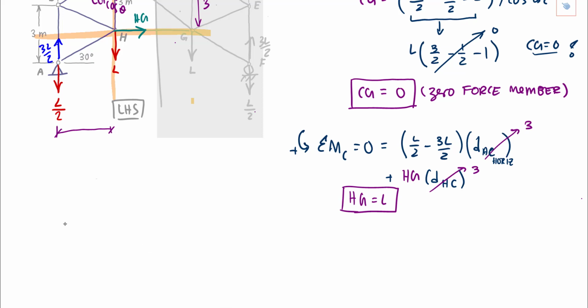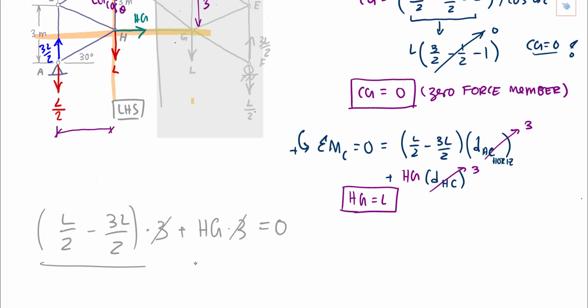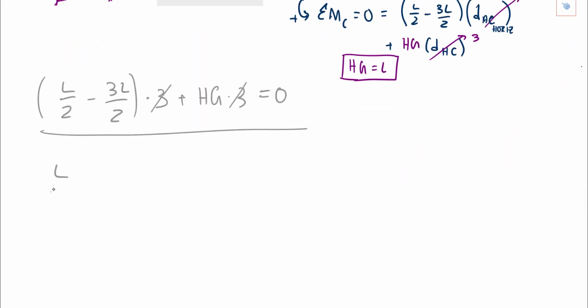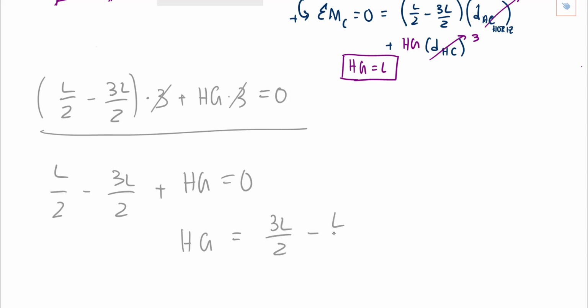We have L over 2 minus 3L over 2 times 3, plus HG times 3, is equal to 0. The 3's are gone. So now we get L over 2 minus 3L over 2 plus HG is equal to 0. HG is equal to 3L over 2 minus L over 2. Take out the L, 3 over 2 minus 1 over 2, done. All right, so that's the answer to this question here.